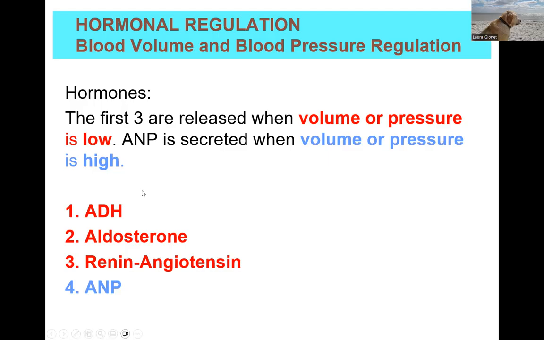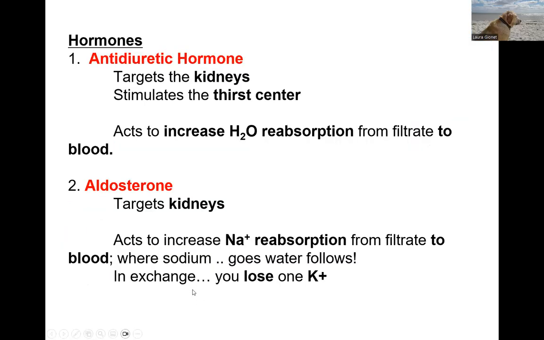So the stimulus for their release is going to be low blood pressure or low blood volume, or maybe a change to the amount of sodium chloride present, but for all intents and purposes, it's when the volume or the pressure is low. And the only one that we use really when we have higher than normal blood pressure or volume is the blue atrial natriuretic peptide.